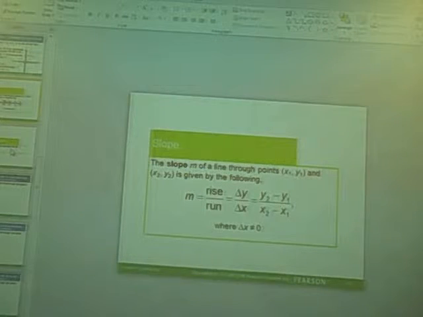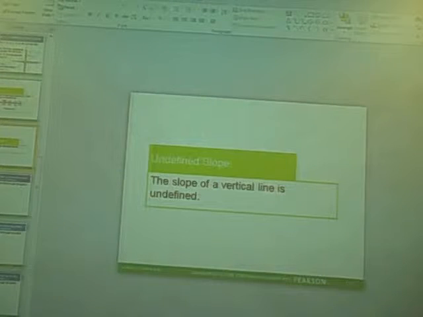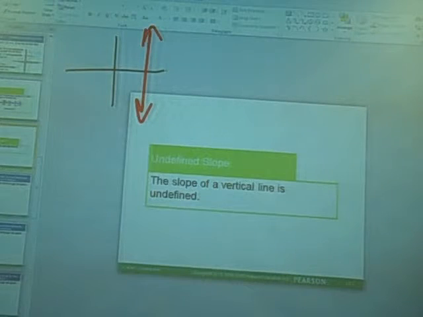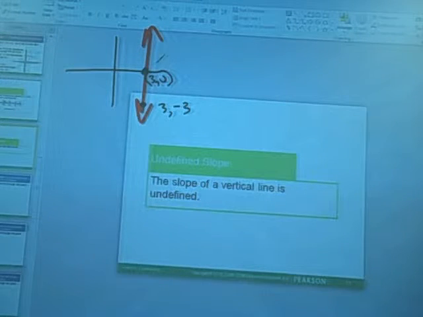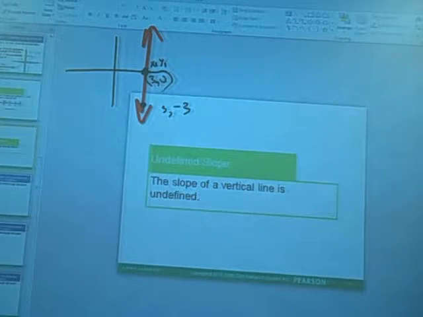All right, and so that's why here the slope is a vertical line, and what they mean is a vertical line like that. Let's say this point here is 3, 0. And let's say this point here is 3, negative 3. Okay? This is x1, y1, and x2, y2.